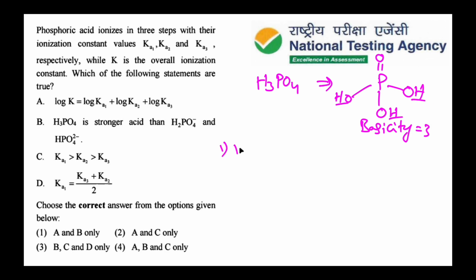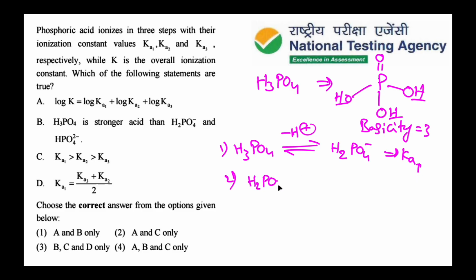So in the first step, H3PO4 can donate one H plus ion. It becomes H2PO4 minus. This is Ka1. In the second step, H2PO4 minus can donate one more H plus ion and become HPO4 2 minus.